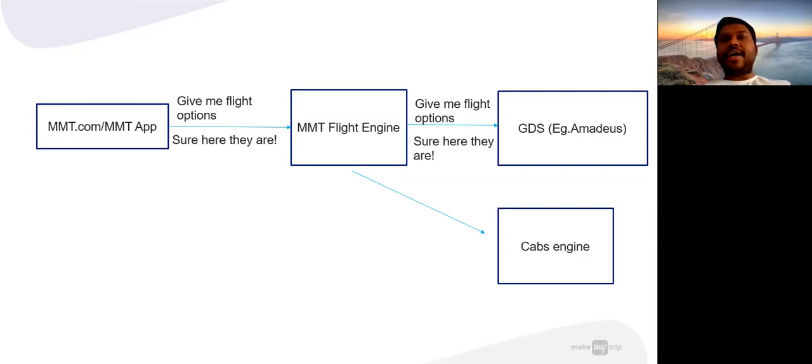You can book a sedan, a hatchback, or a more premium sedan. These are 5-6 different options for this particular flight time. So everything gets aggregated at the MMT flight engine level, which is our common backend system for all our clients, all the websites and all the apps that we have. Does this help?